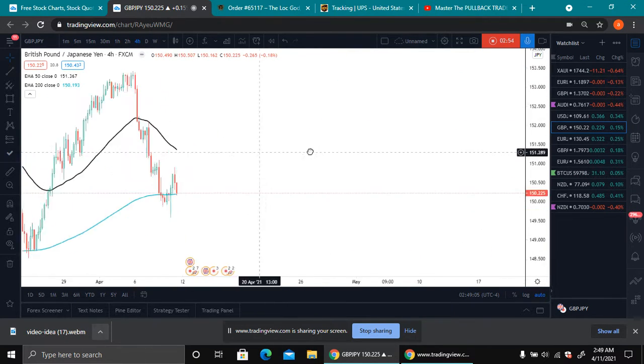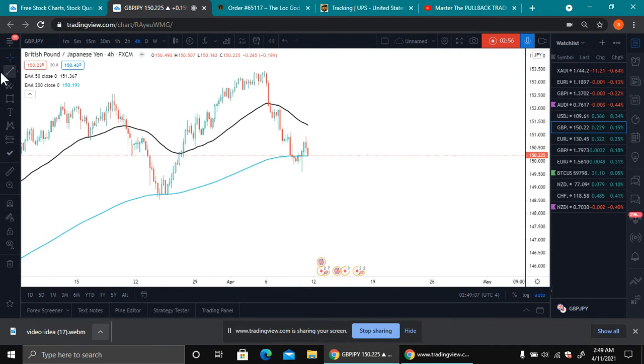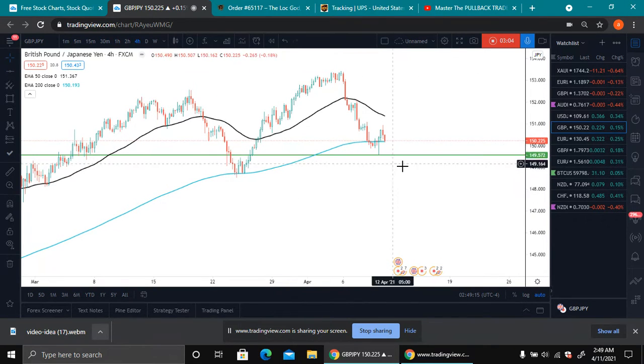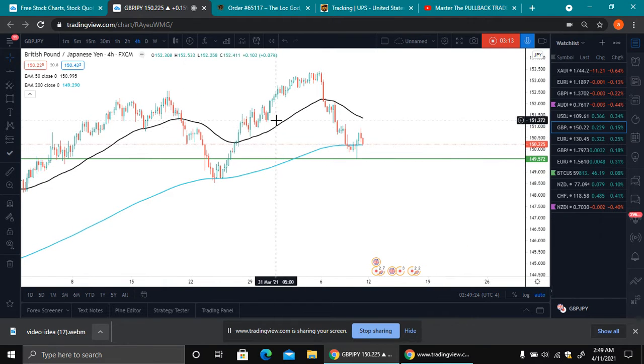This is the 4 hour chart. Automatically, I already knew it. Okay, it's weak right here. I mean, not resistance, I'm sorry, support. Past resistance. I already see that price came and tested this area.